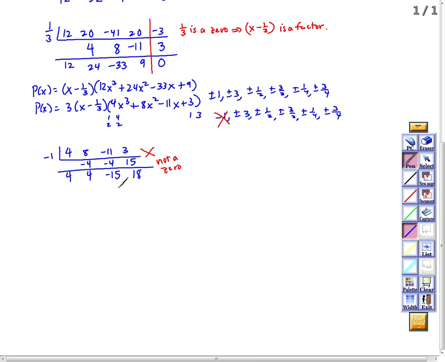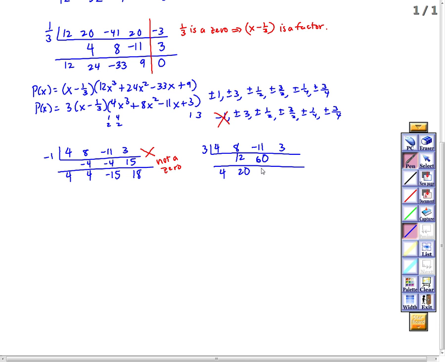Okay. Let's try, I guess, positive 3. What happens if I try positive 3? 4, 8, negative 11, and 3. Bring the 4 down. 3 times 4 is 12. 8 plus 12 is 20. 3 times 20 is 60.